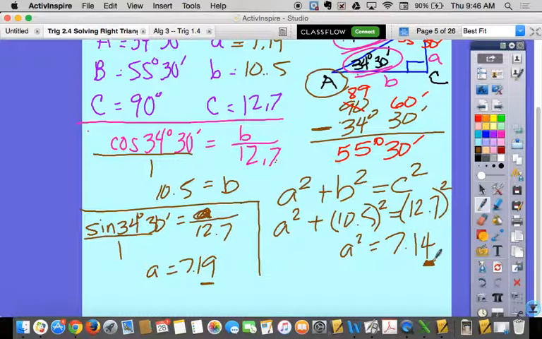Over here, we used the 10.5, and the 10.5 was not given in the original problem, was it? So of these two answers, which one's better? Why? It's better to use information given. The Pythagorean theorem answer is really, really close. But of the two answers, the trig answer is better because this was given in the problem, and this was given in the problem. So when we take a test, which one are you taking?